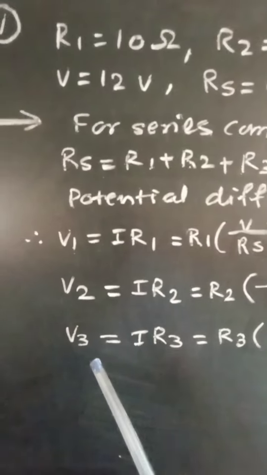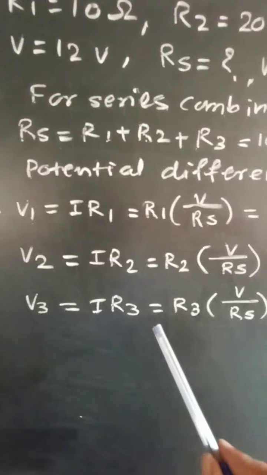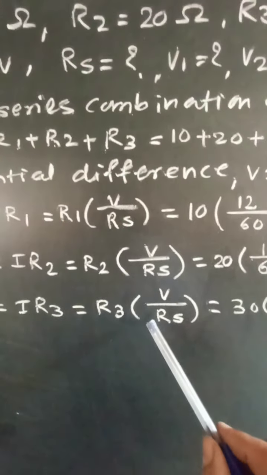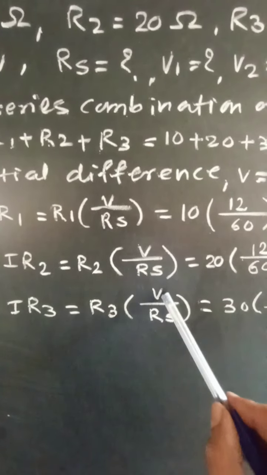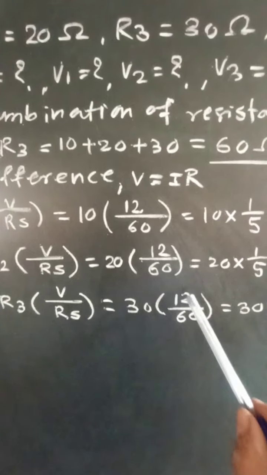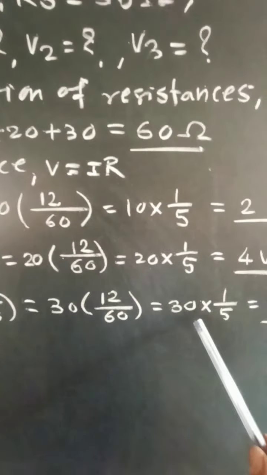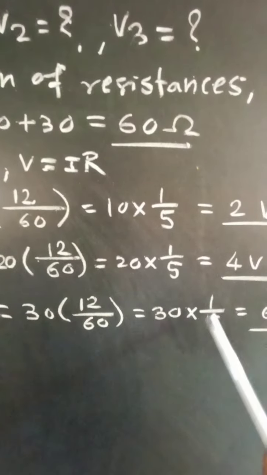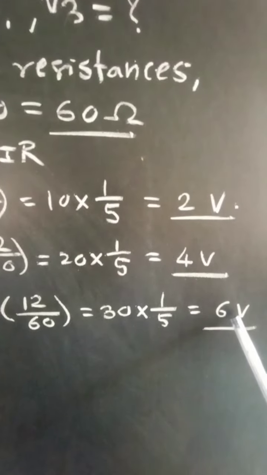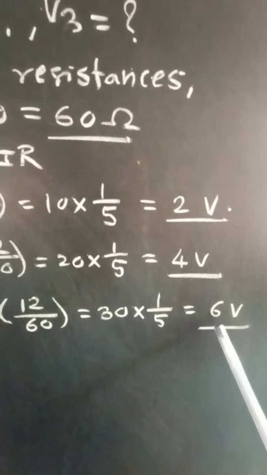And then phi3 will be equal to IR3, which will be written as R3 into phi upon Rs, that will be equal to 30 into 12 upon 60, which comes out to be 30 into 1 by 5, which is equal to 6 volt, and this is the potential across R3.